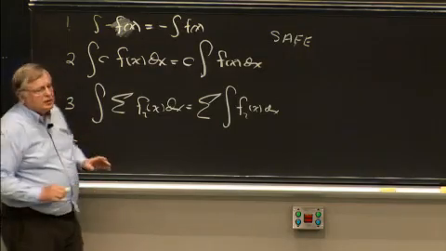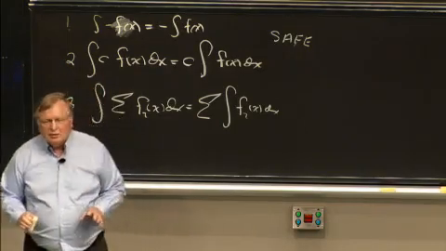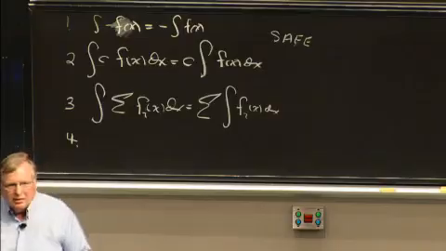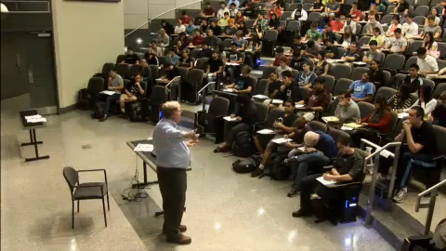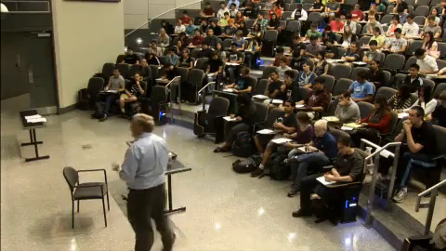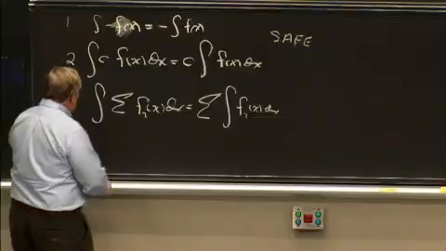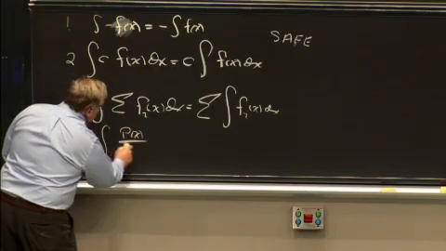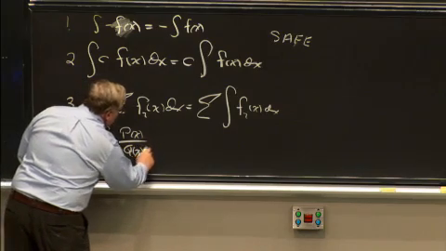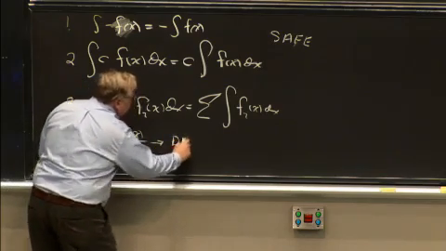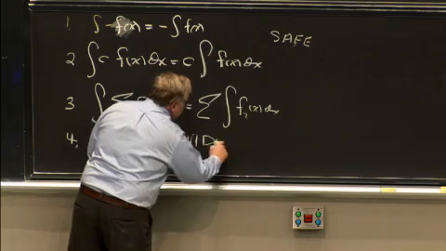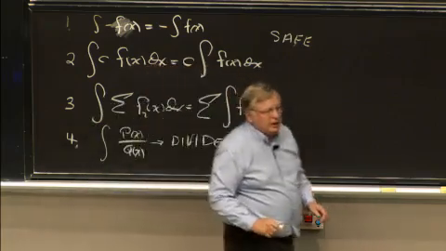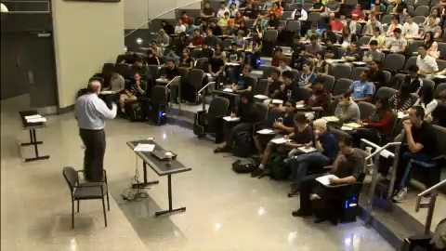There are more than this. This is a sample, and these are the ones we're going to need in order to solve that problem by way of illustration. So the 4th one is that if you have the integral of p of x over q of x, then you divide. If you can reach way back into high school and figure out how to divide polynomials.